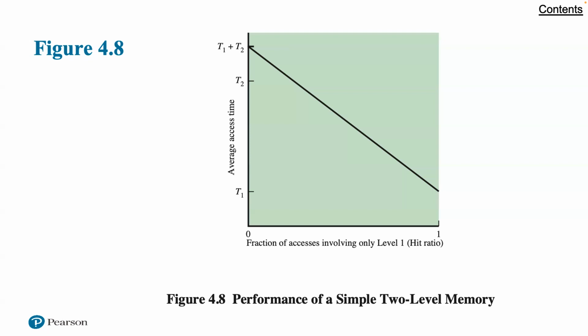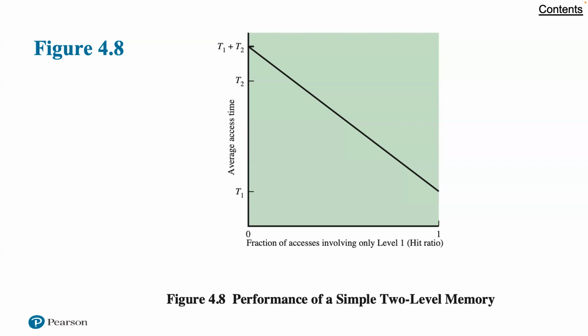T1 is the access time to level 1, and T2 is the access time for level 2. As can be seen, for a higher percentage of level 1 accesses, the average total access time is much closer to that of level 1 than that of level 2.